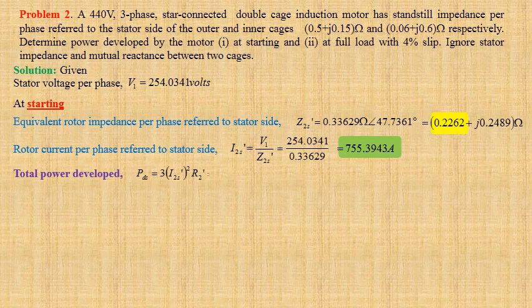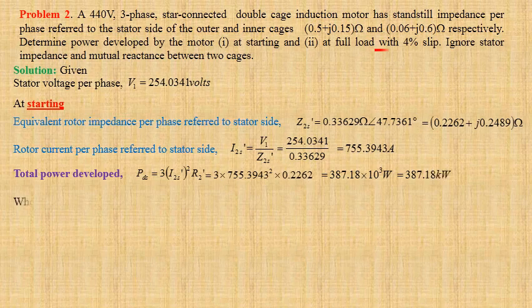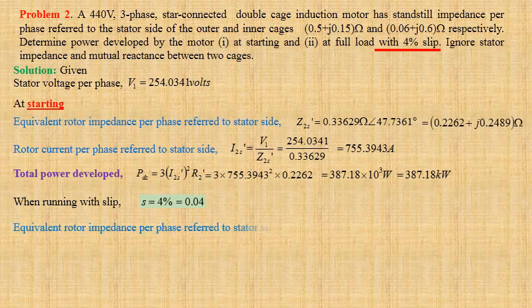Using values we get 3 into 755.3943 square into 0.2262. That gives us 387.18 into 10 to the power 3 watts or 387.18 kilowatts.